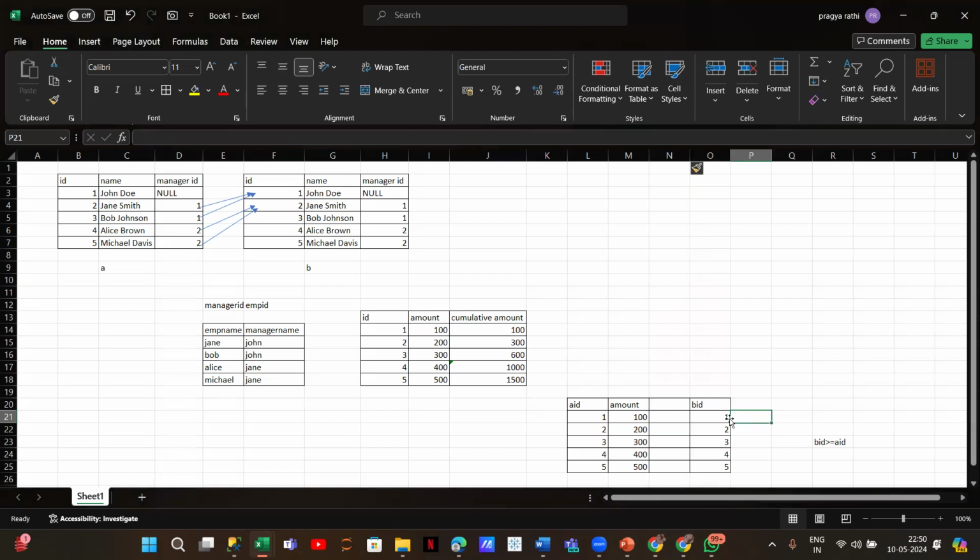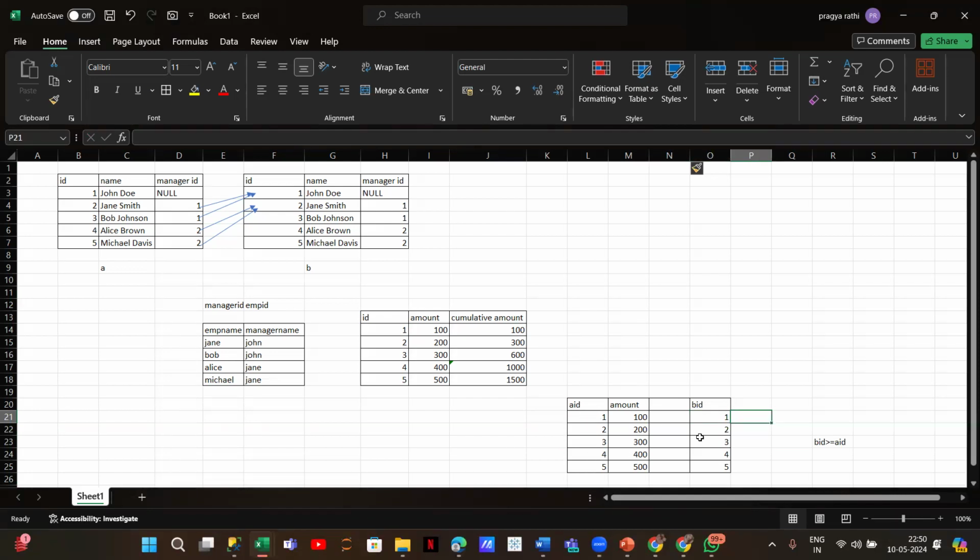I'm asking, if I have BID here, what AID will I get? BID is greater than or equal to AID. So do we have any smaller AID here? This is AID, let's say. I'm just asking how many IDs I will get for one BID.